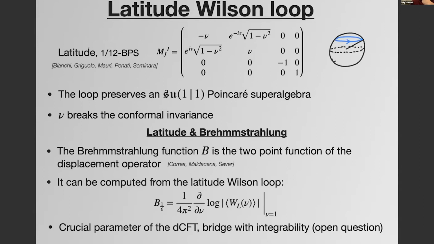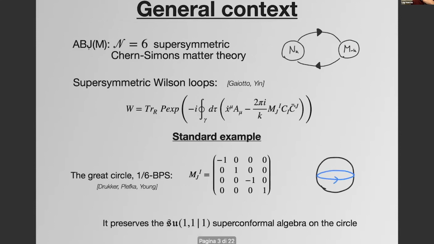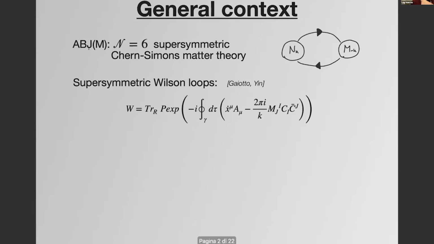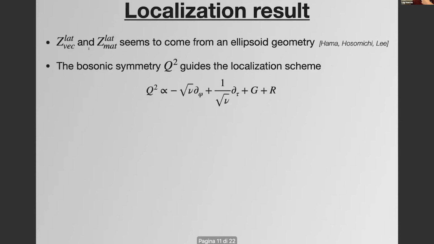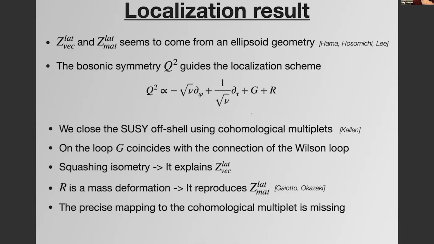So our proposal is that we can use the procedure explained by Closset, because he did it for N=2, but all the relevant hypotheses are satisfied in our case, though there are some differences.